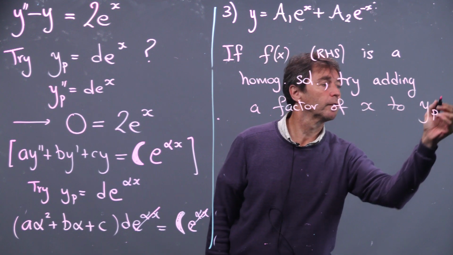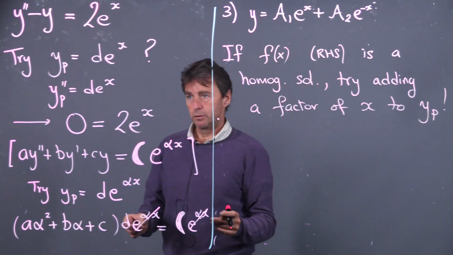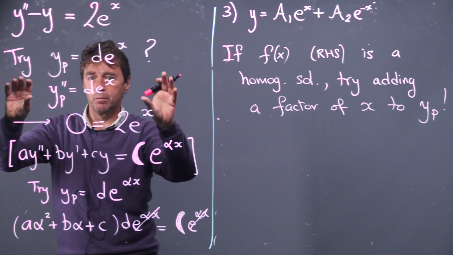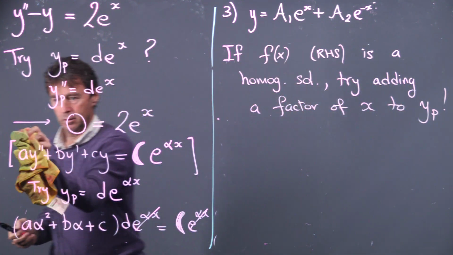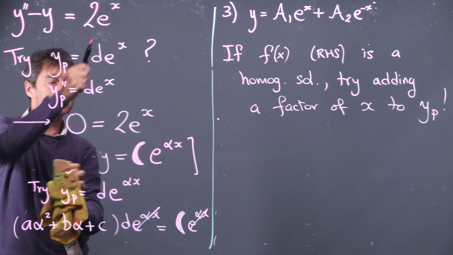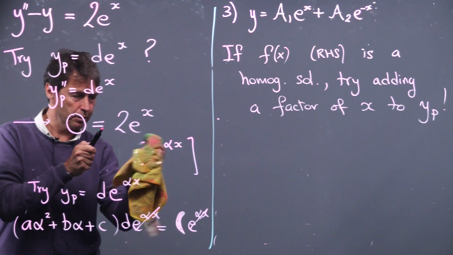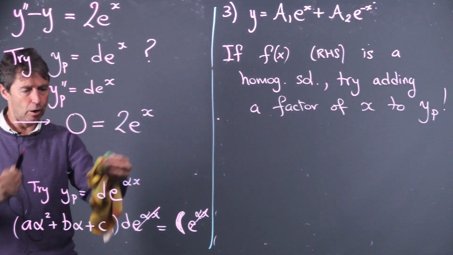We just add a factor of x. So this was the problem. This doesn't work. If you'd gone through this example and you hadn't observed that that was a homogeneous solution, you would have got to this embarrassment. It would have been a Homer moment.